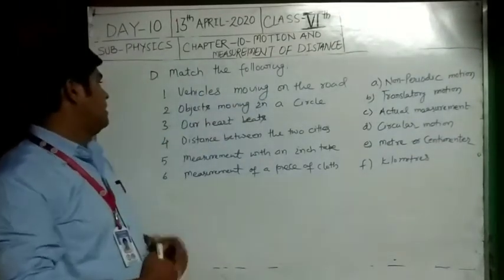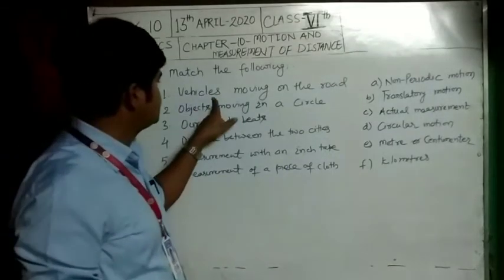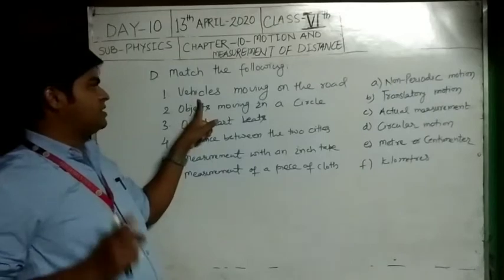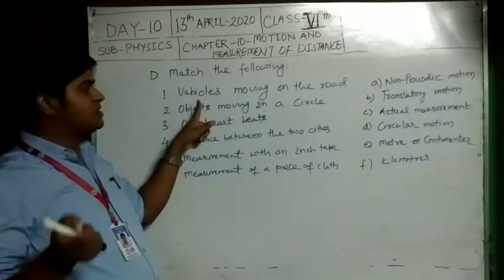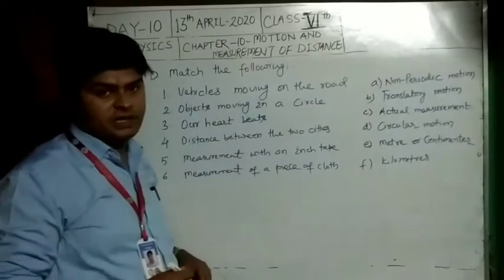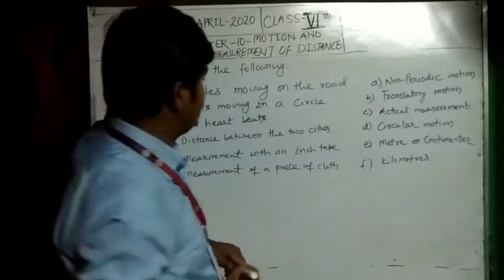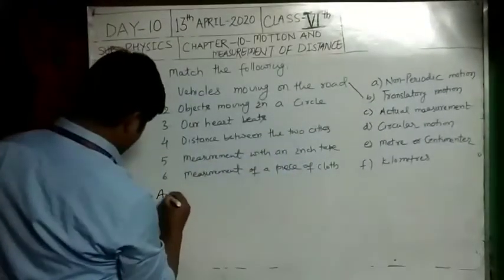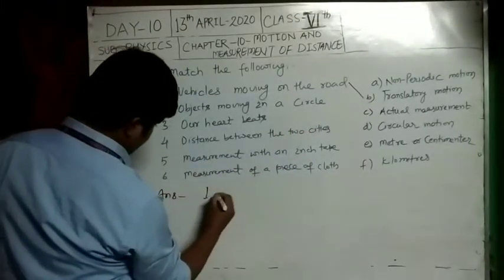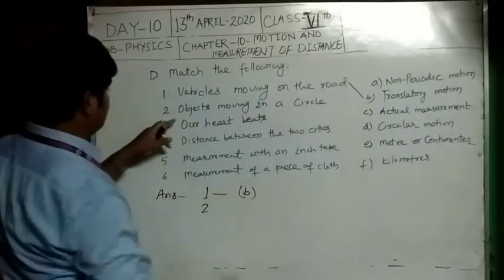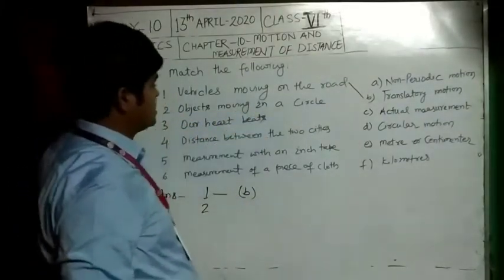One option is vehicles moving on the road. That means it is a straight path, and in a straight path it is an example of translatory motion or linear motion. That means your option is B. Now second, objects moving in a circle.